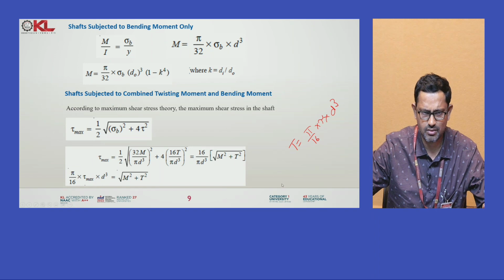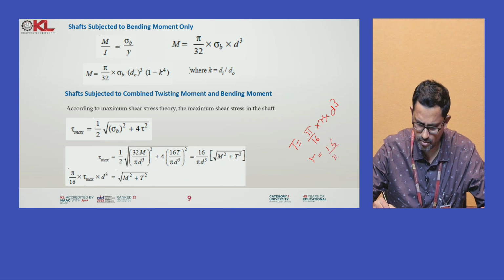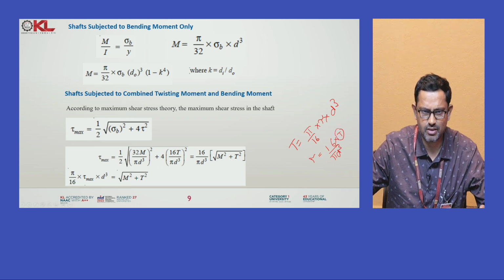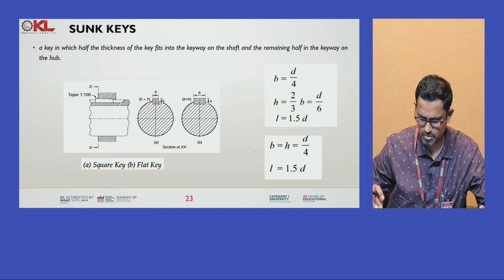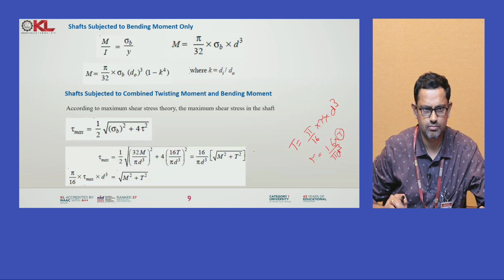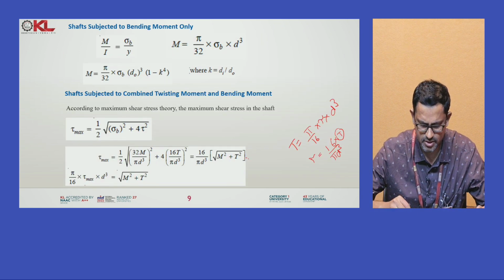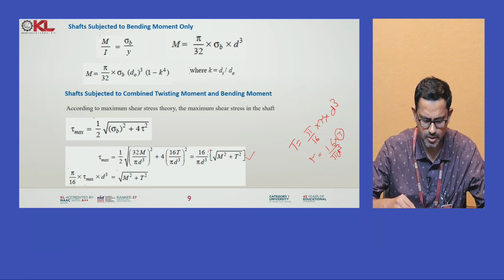So from this I can write tau max is equal to 16 by pi d cube into T. If you compare this equation, the tau max is equal to 16 by pi d cube into this term.